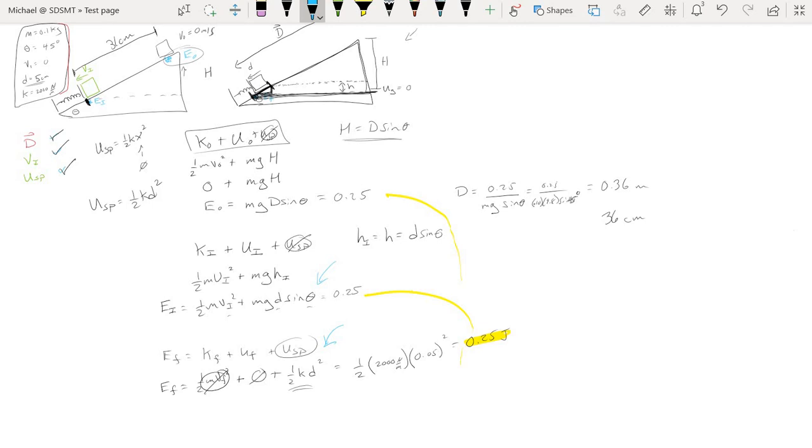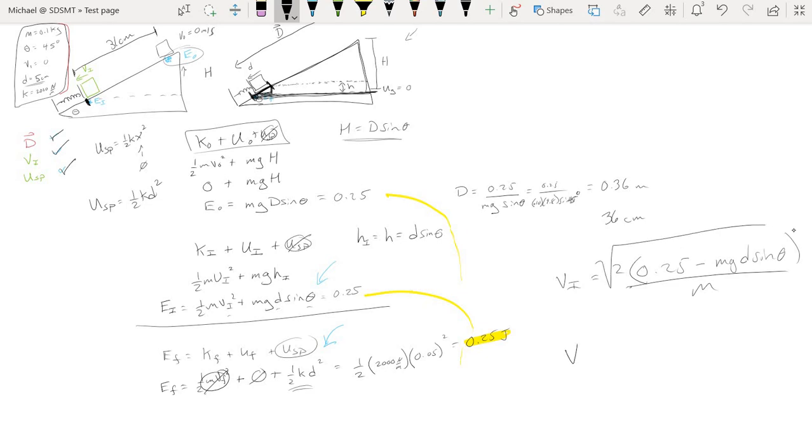But that leaves us with one more value to solve for, which is the velocity at impact. And solving for the impact velocity, we have 0.25 minus mgd sine theta. Then we have to multiply by 2 and divide by the mass, followed by a square root.